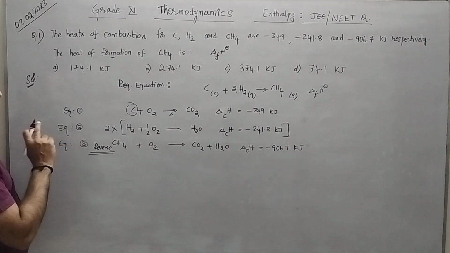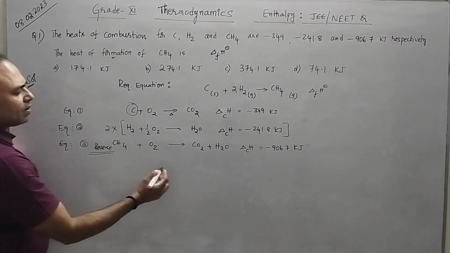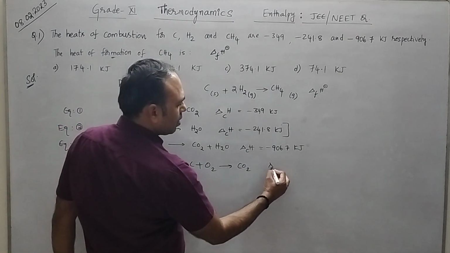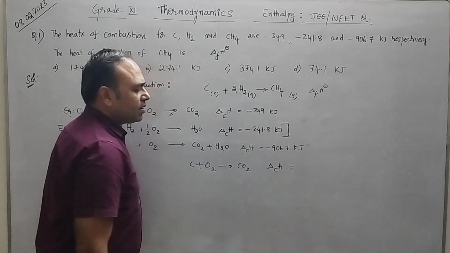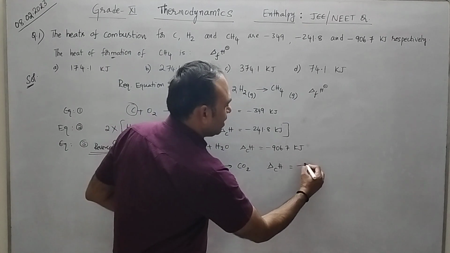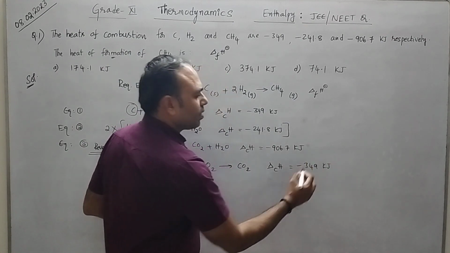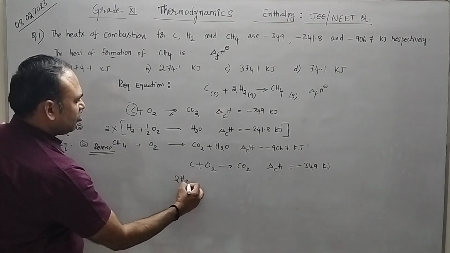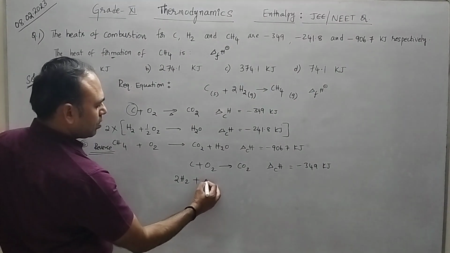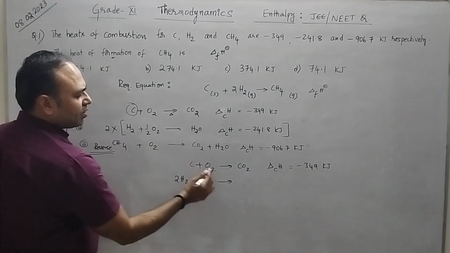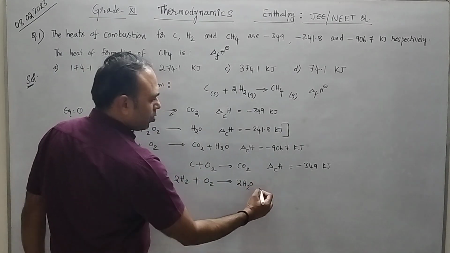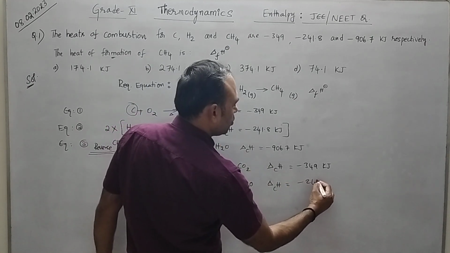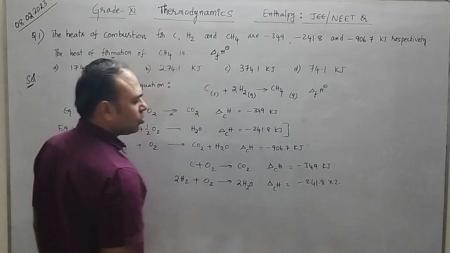Now the whole thing let us write again. First one, C plus O2 gives CO2, delta combustion is nothing but minus 349 kilojoules. Now second equation we have to multiply, hence 2H2 plus 2 into half O2 gives us 2H2O. Now delta will become 241.8 into 2.